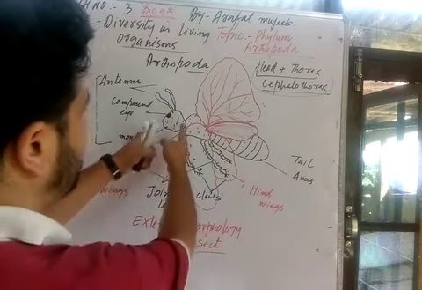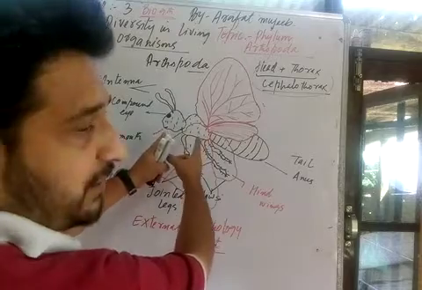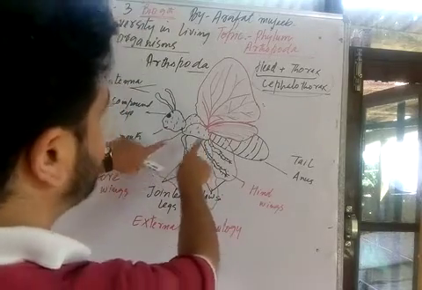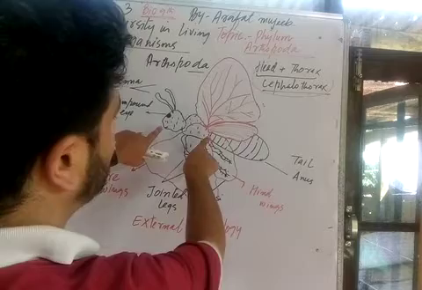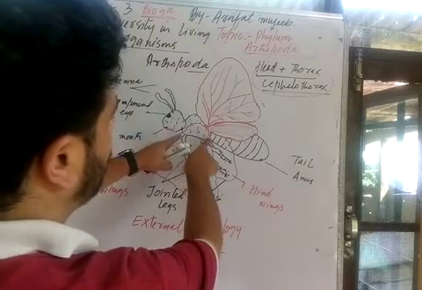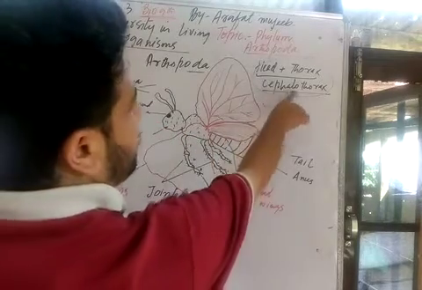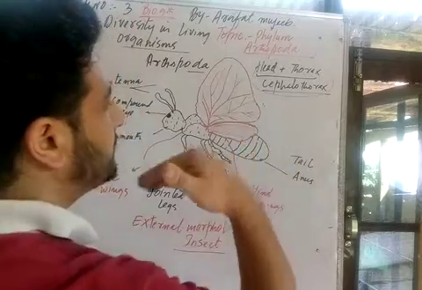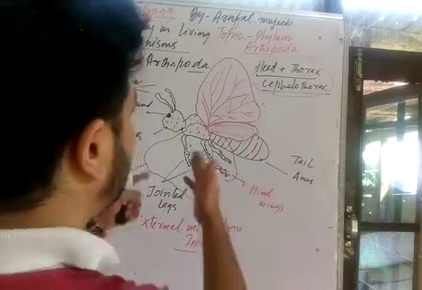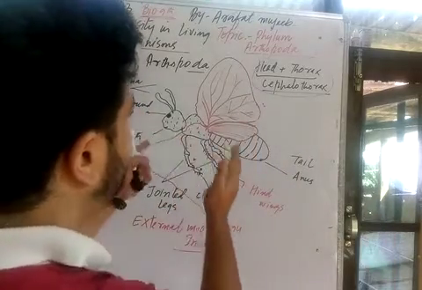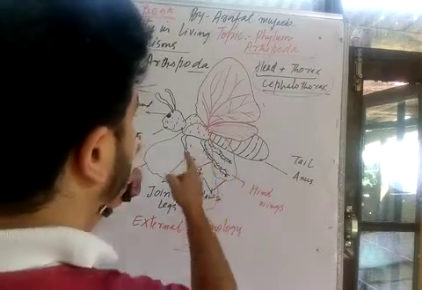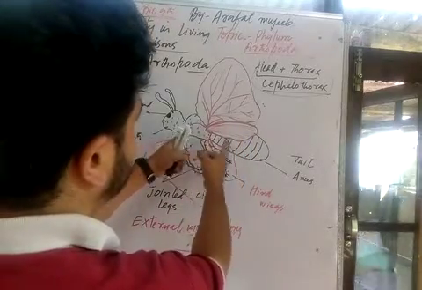Sometimes the head and thorax are joined. In some Arthropodas the joined head and thorax is known as cephalothorax. Some Arthropodas have them separate, and their body can be clearly differentiated into head, thorax, abdomen.